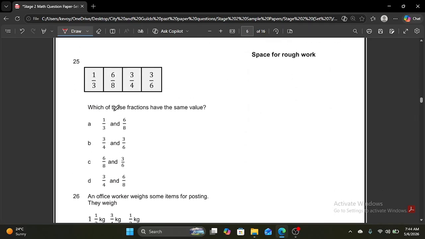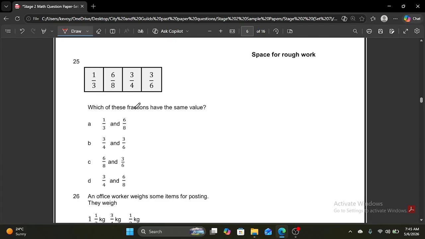Which of these fractions have the same value? I've told my students before, whenever we have questions like this, it just means that we have to simplify. So let's look at this first one right here, which should be A. Let's look at 6/8. What number can divide 6 and 8 without leaving a remainder?